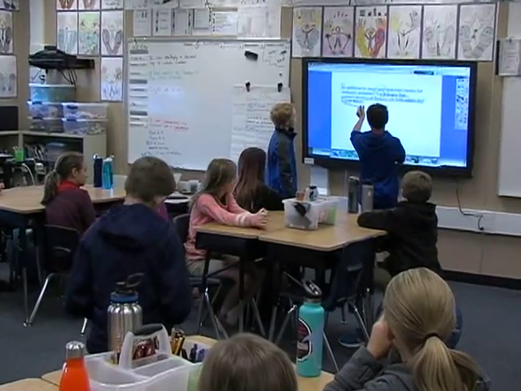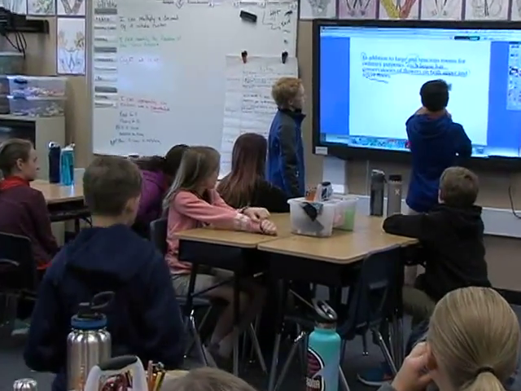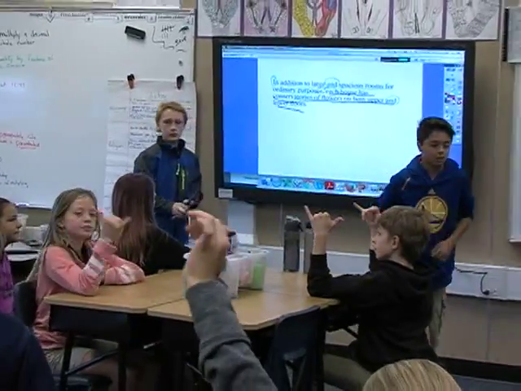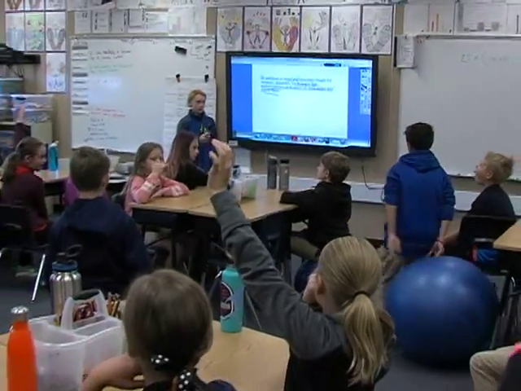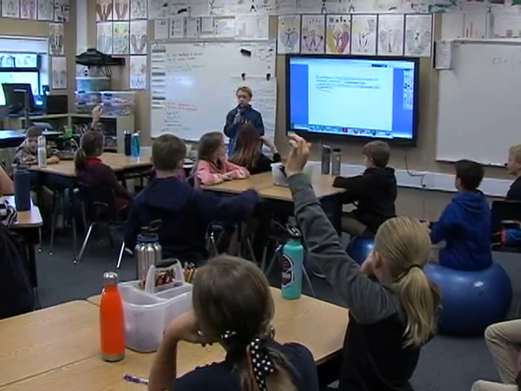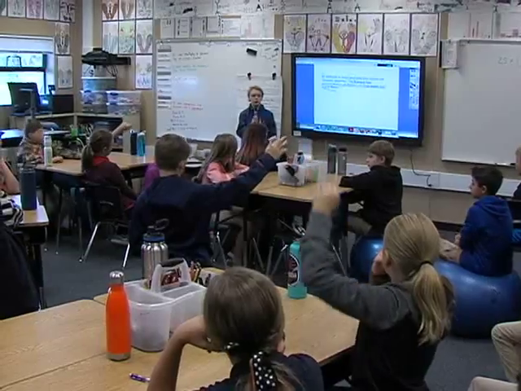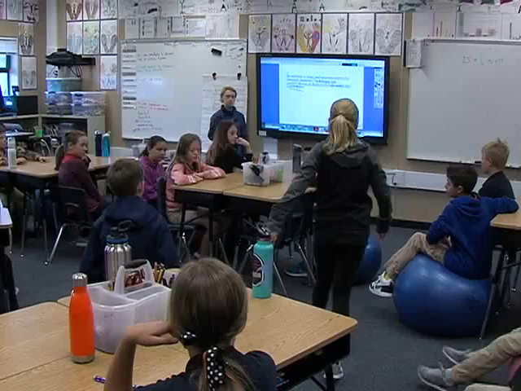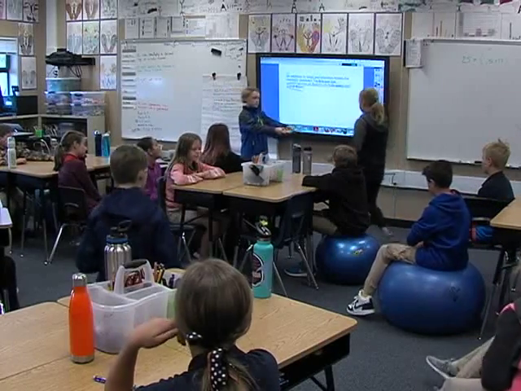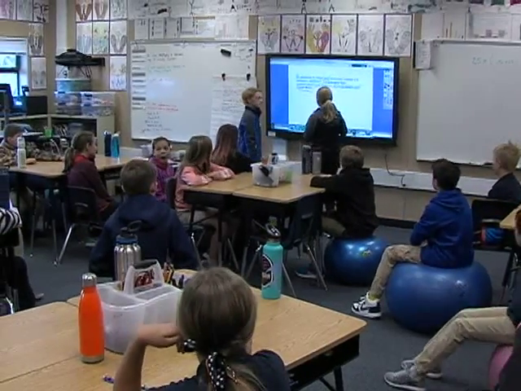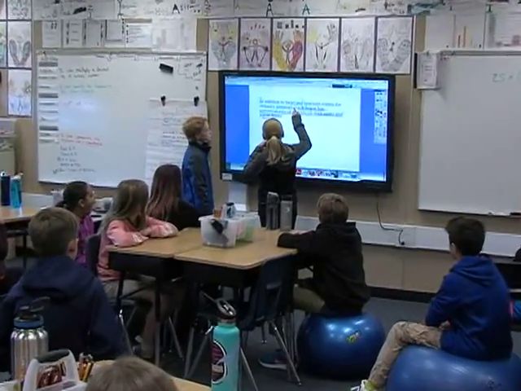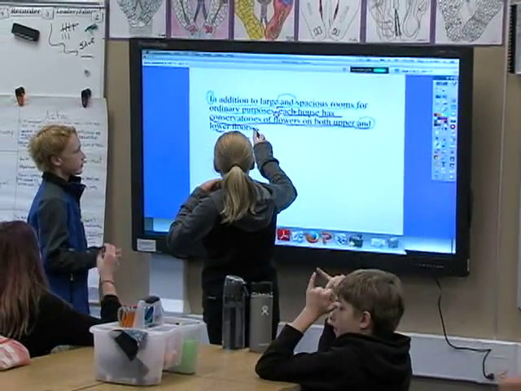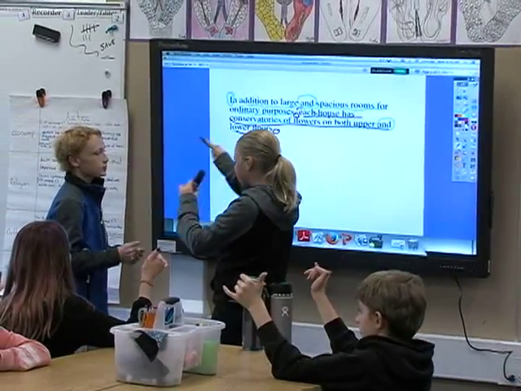It has conservatories of flowers on both upper and lower floors. Does anyone notice anything else? I noticed that there's a comma because it's connecting the 2 sentences, and there's a period because it's the end of the sentence.